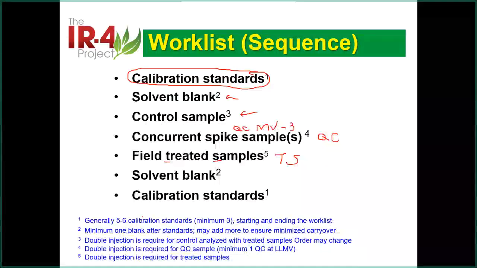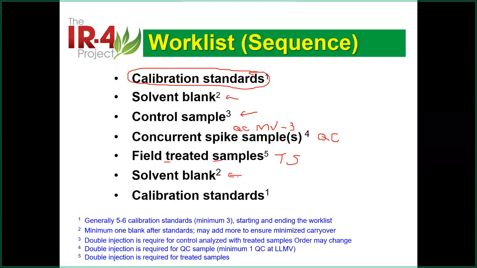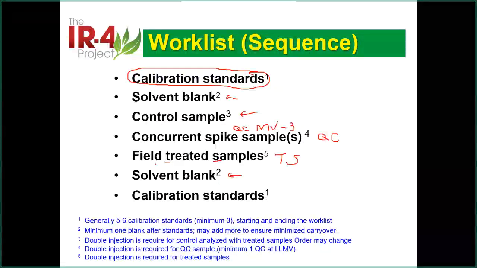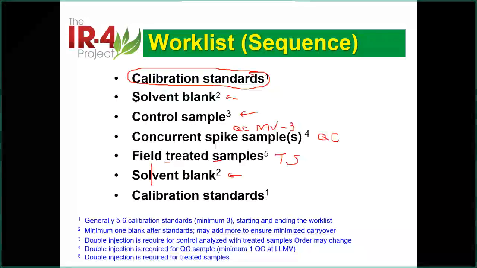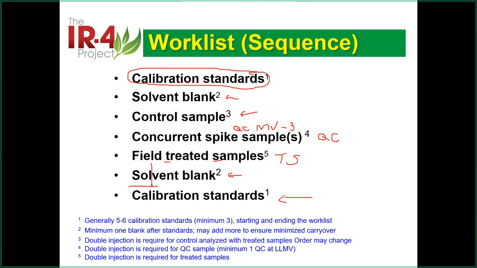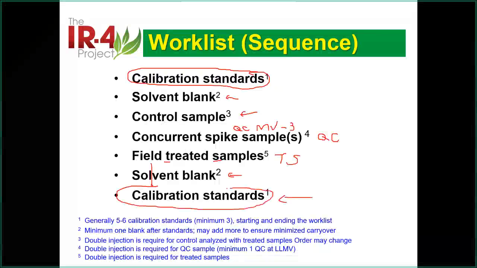Then it's always good to have a blank here, because with field samples, you don't know how the residues will be. So if the residue is very high, you will have a carryover here. And when you have another set of calibration, it may not be very good. So basically, we do another set of calibration.